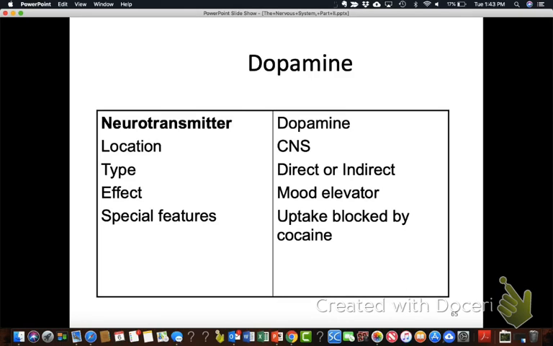Dopamine is a neurotransmitter found in the CNS. There are some PNS effects of dopamine, but nothing for us to worry about in terms of routine neural stimulation. So most of the dopamine effects we're going to see are in the central nervous system. Dopamine affects certain pathways in the brain that are found like in the reward circuit.